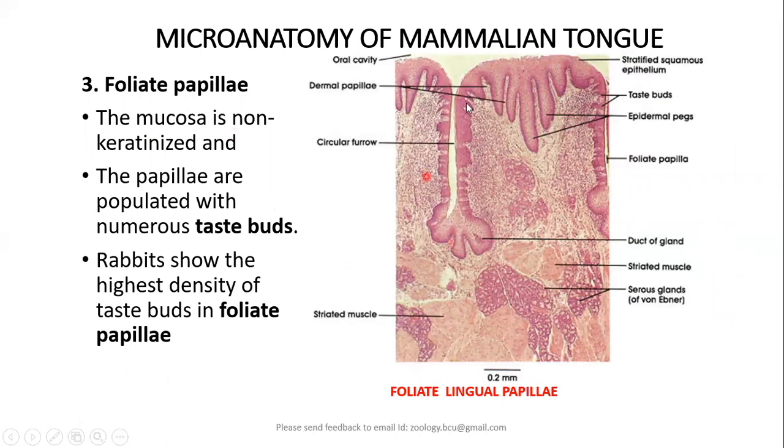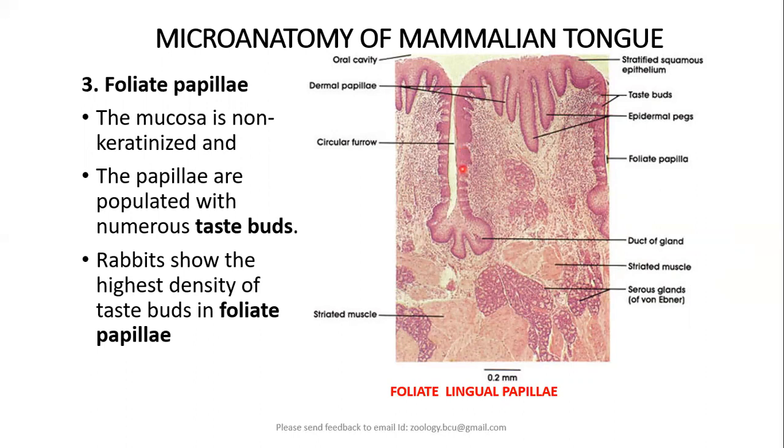Each foliate papilla, as usual, is covered by a mucosal epithelium, which is of course stratified epithelium. But this epithelial layer is not keratinized. It is not having any dead layer of epithelial cells, or it is not cornified.